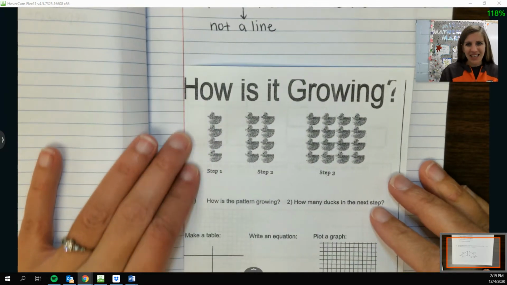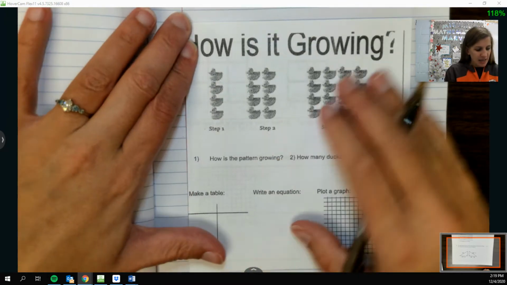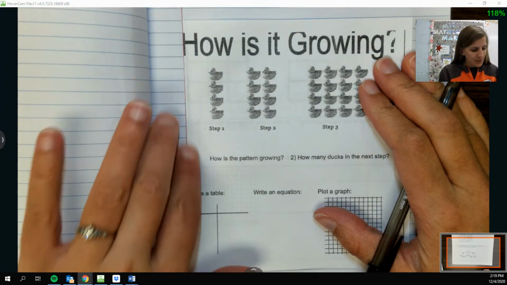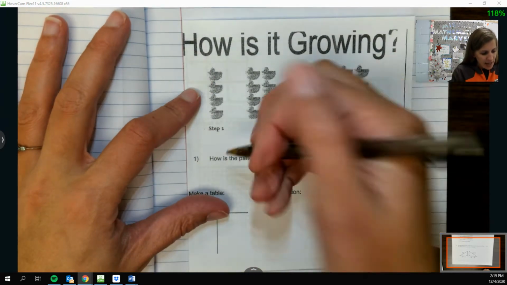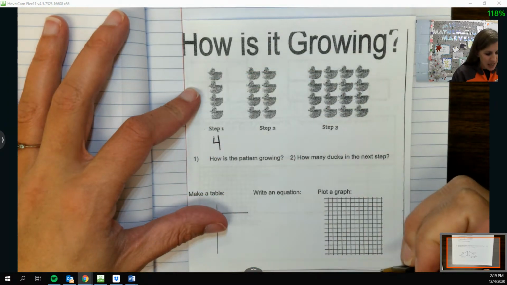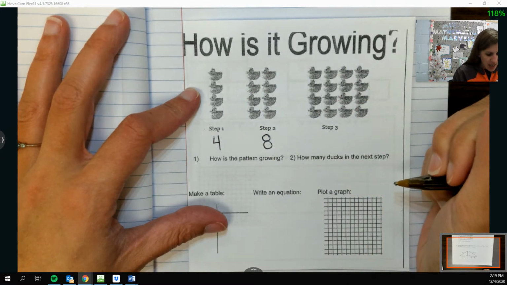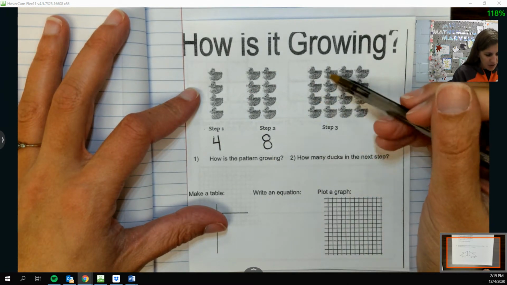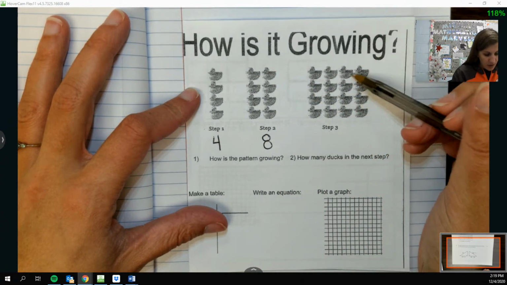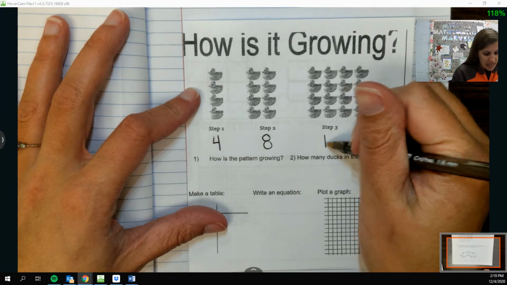So if we take a look at our duckies, same way we were doing the other one. In the first step, here I have 4 ducks. Then I have 8 ducks. Then I have 16 ducks.